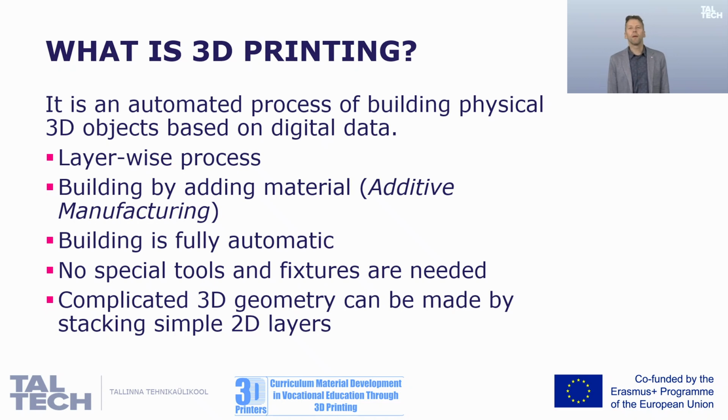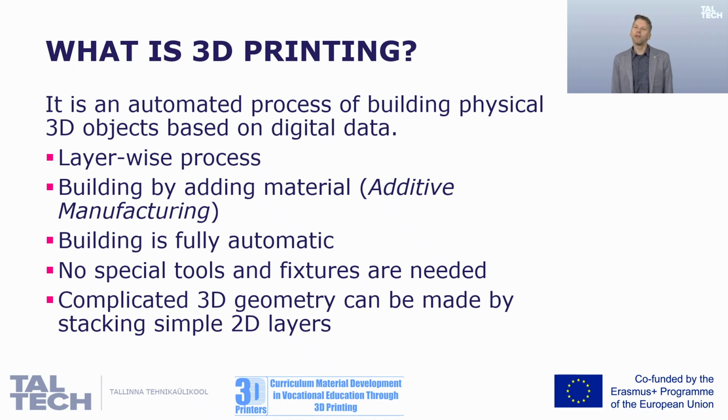So the process of 3D printing is layer-wise, which means that the parts are built layer by layer. And we are building the parts using this technology by adding material, not removing it like in milling and turning operations, for instance.